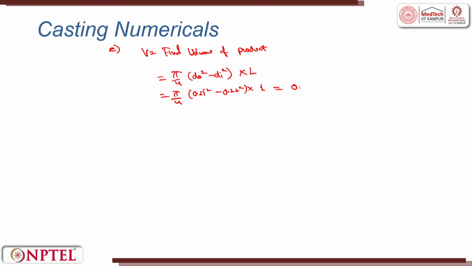This is equal to 0.01107 meter cube. Solidification shrinkage is 4.5% and contraction is 7.5%.